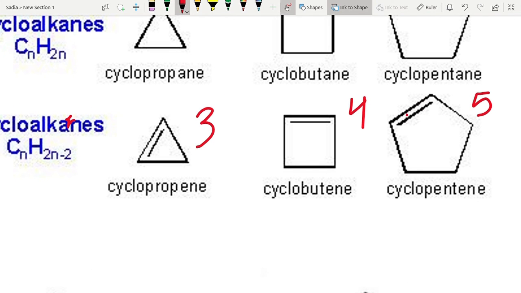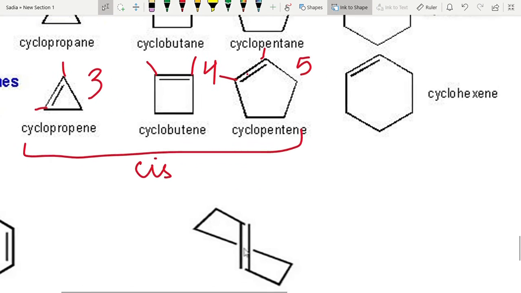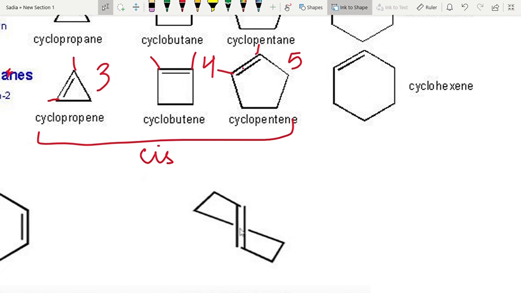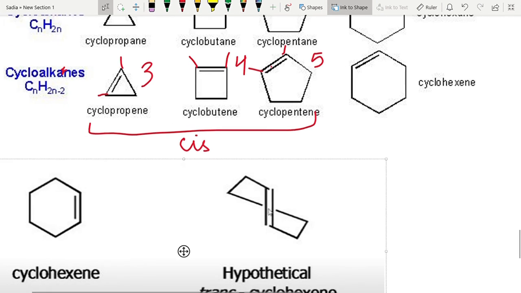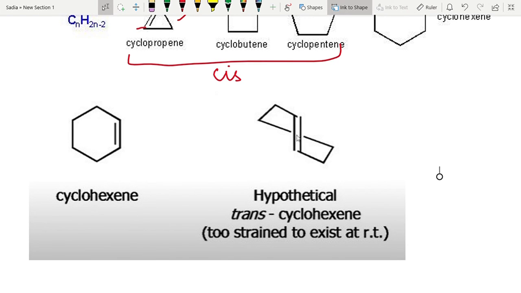So if you see here, we have hydrogen binded like this and like this, hydrogen binded like this and this, hydrogen like this and this. They do not exist in trans configuration, they are only present in cis configuration. As we move from carbon number 6 onwards, we have trans configuration as well, like this. This image that you see here, cyclohexene, exists as a trans isomer as well.